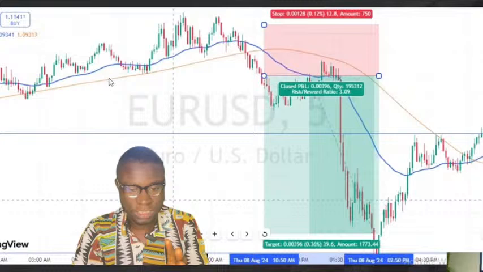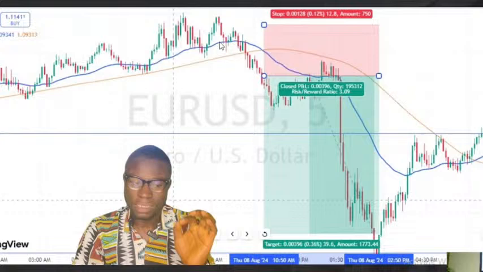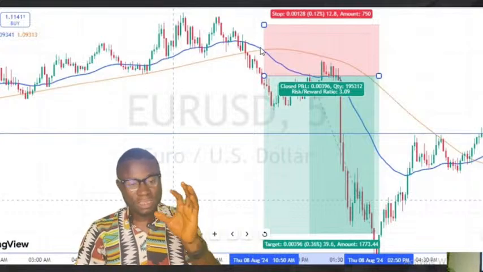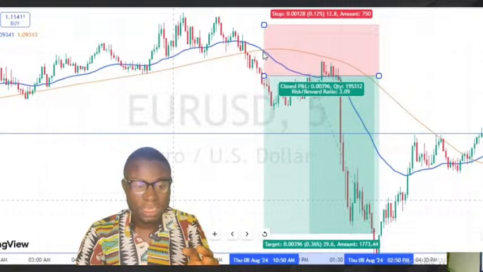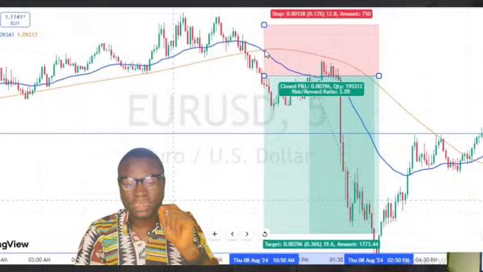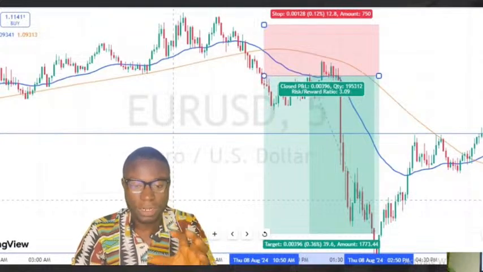After observing that, the next thing you want to observe is that the blue moving average crosses below the orange colored moving average. Now as soon as you see this, make sure you take your trade immediately.